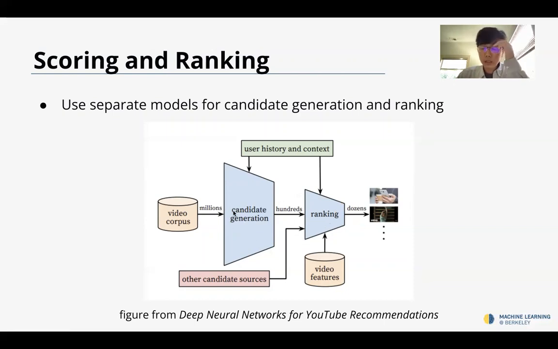So for the candidate generation part, you rely on very coarse features for the videos, and you do a k-nearest neighbor to extract a few hundred videos, and then on those videos you use more specific features, and you're able to introduce the user features here as well.